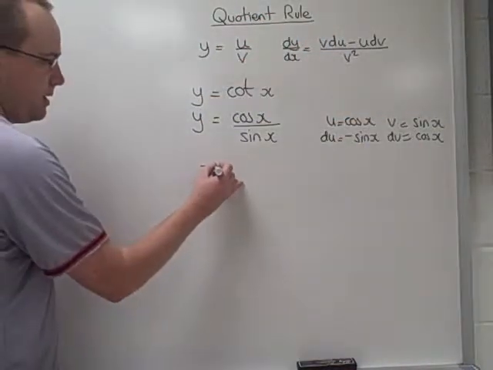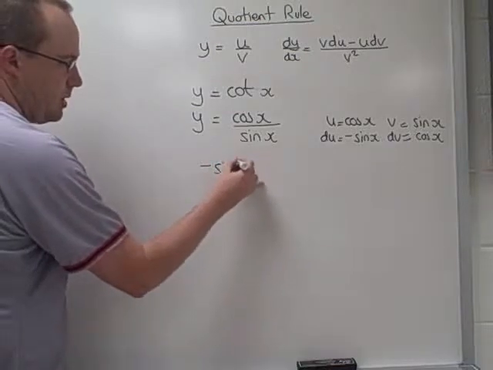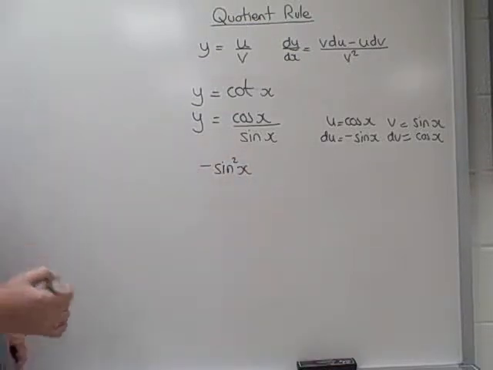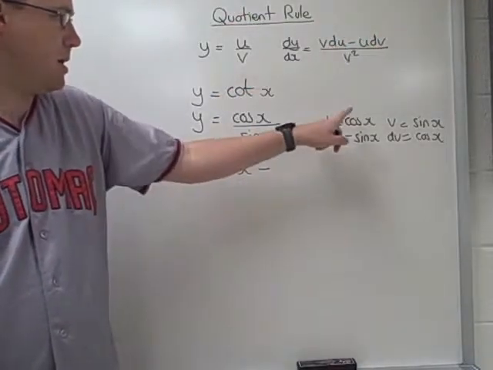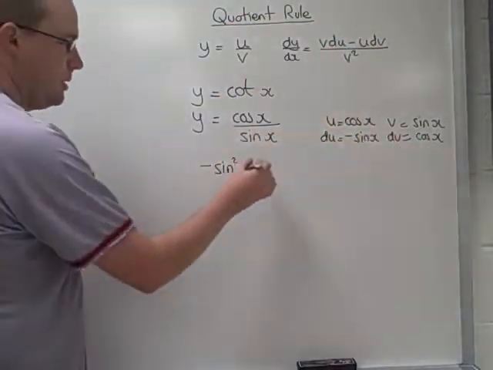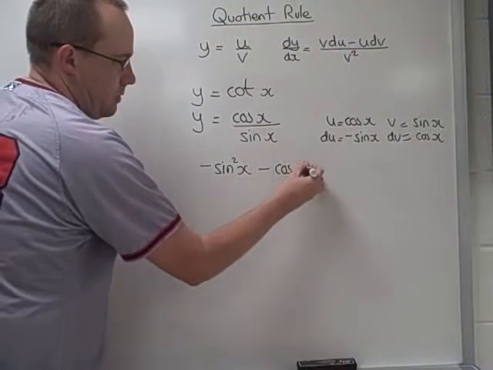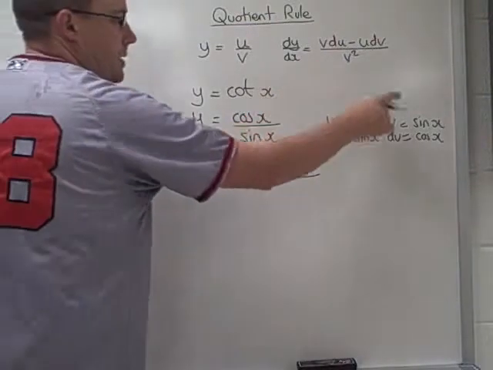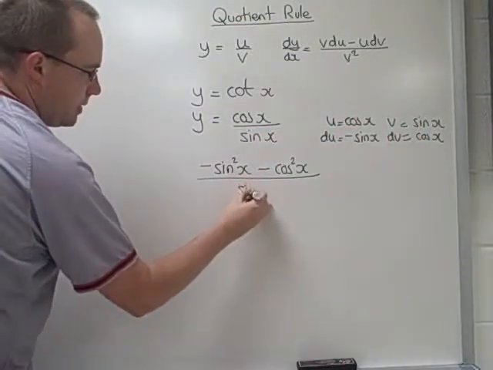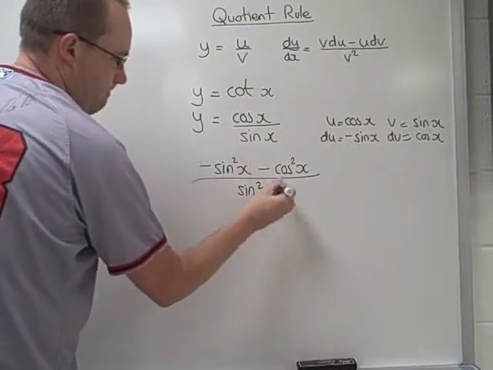So we have negative sine x times sine x, which would be negative sine squared x. Subtract u times dv, so cosine x times cosine x, which would give me cosine squared x, all over v squared. So in other words, all over sine squared.